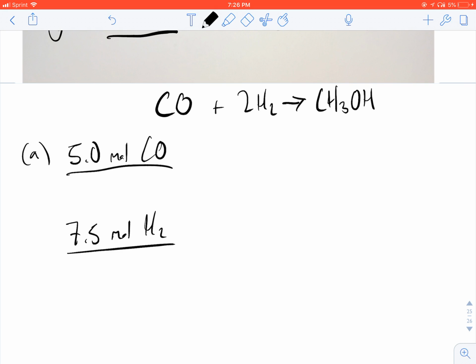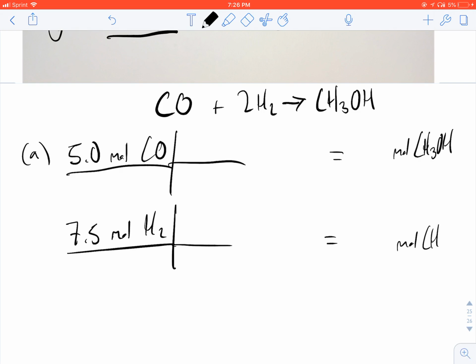So we have our two reactants, and what I'm going to do is figure out how many moles of methanol can each one of these make theoretically? Just tying in some keywords there. So what I'm going to do is set up both these questions with a mole ratio. Let's not forget about the number values. A mole ratio comparing methanol with either one of our reactants.